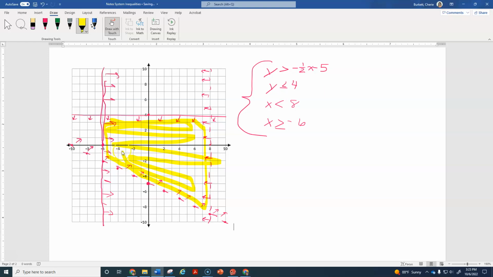And whoops, I went outside the lines. I'll erase that. So this is the only section that should be shaded. And I need to erase. Oh no, I erased the whole thing. That's so sad. This is the section that should be shaded. Okay. There we go. Much better.